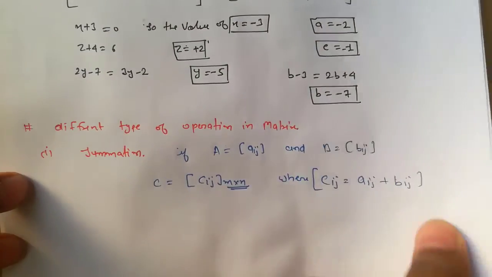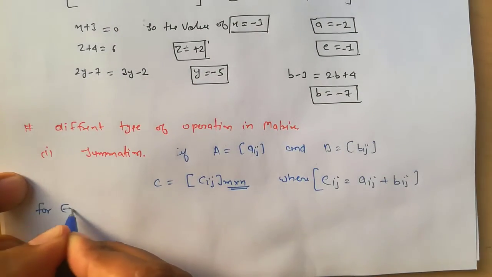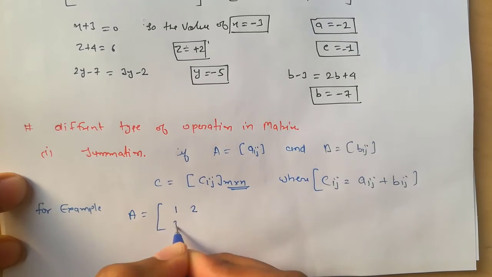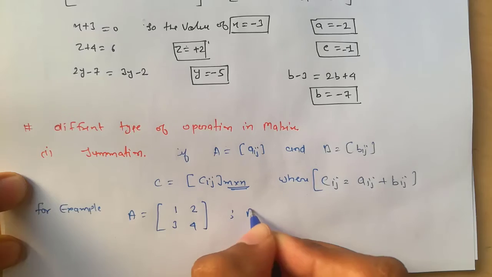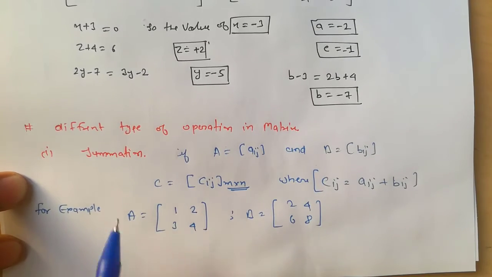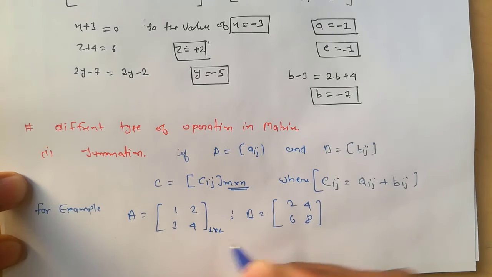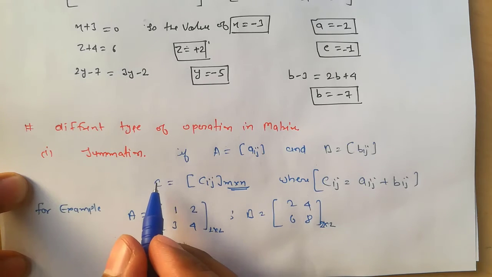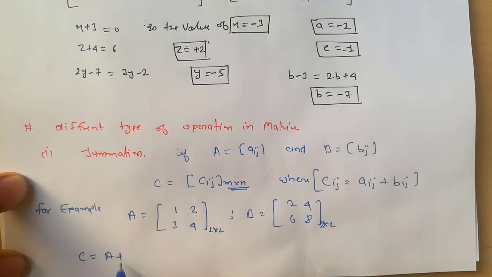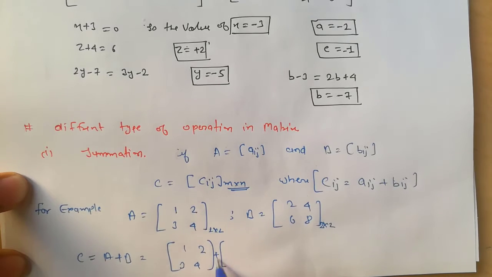For example, we have matrix A as 1, 2, 3 and 4, and matrix B as 2, 4, 6 and 8. Here the order is 2 into 2, and here also 2 into 2. Now the summation of matrices A and B: C equals A plus B equals 1, 2, 3, 4 plus 2, 4, 6, 8.